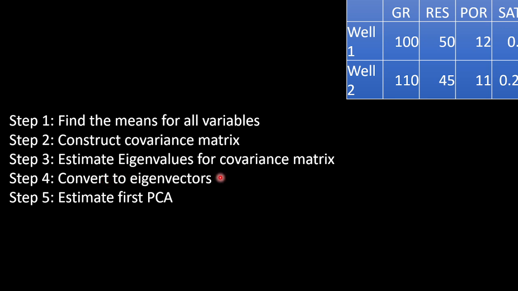After that, estimate eigenvalues for the covariance matrix, and after estimating eigenvalues, estimate eigenvectors. From those eigenvectors, we are going to construct a hyperplane. We will see it step by step so it will be understood properly. We will go slowly from step 1 to step 5.